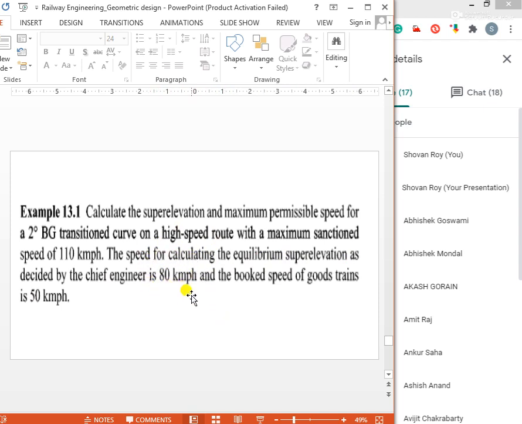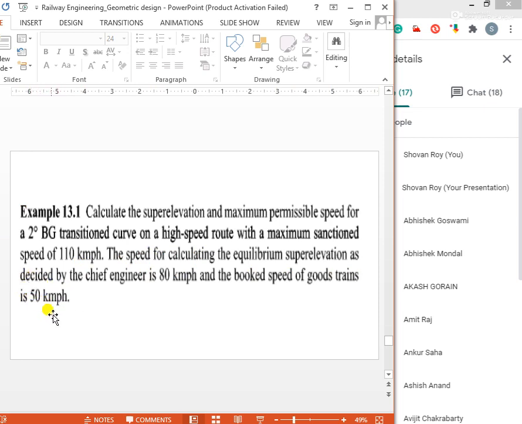And the booked speed for goods train: for goods trains, speed should always be low, and for that curve, the speed for goods trains is 50 km per hour. This is the equilibrium speed, this is the speed for goods trains, therefore this is the low speed.